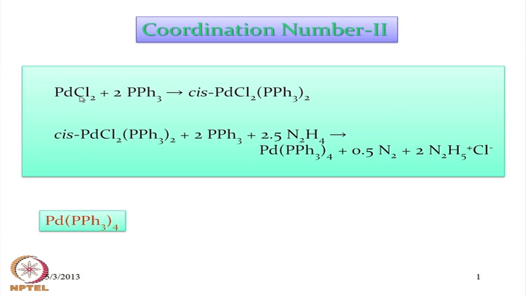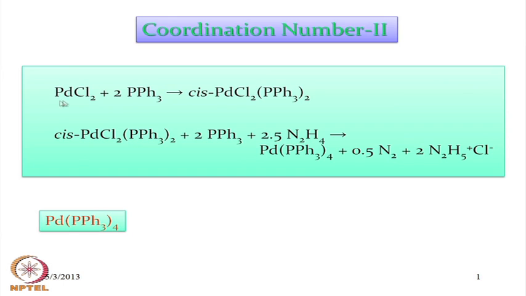palladium chloride is a little bit bigger compared to nickel in the 4d series of elements, which is reacting with two molecules of triphenylphosphine giving a product which is basically a cis product. That means the coordination number is increasing.